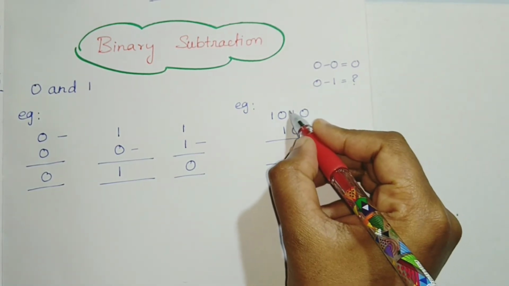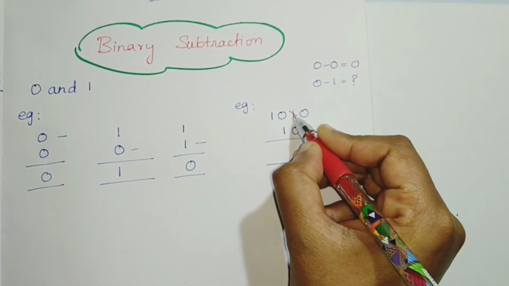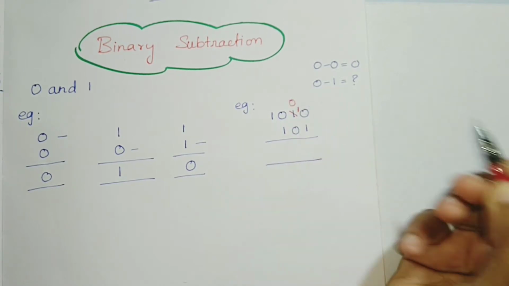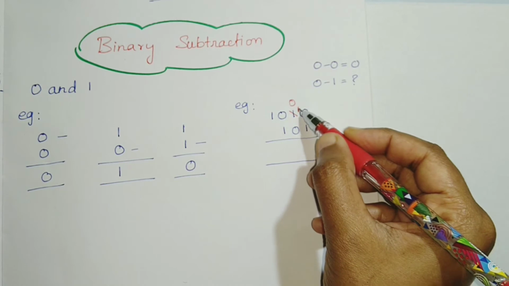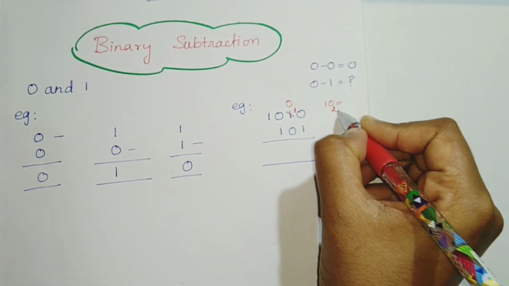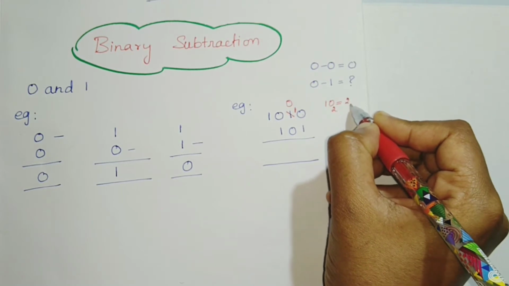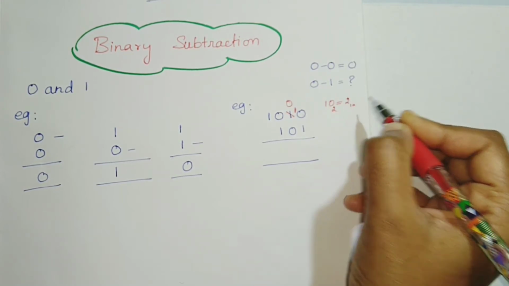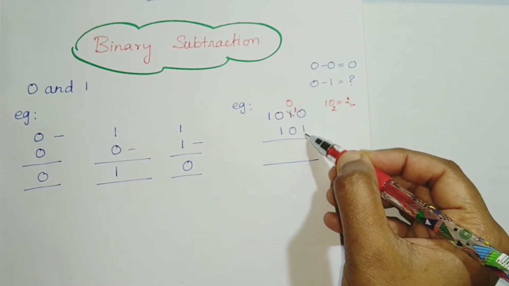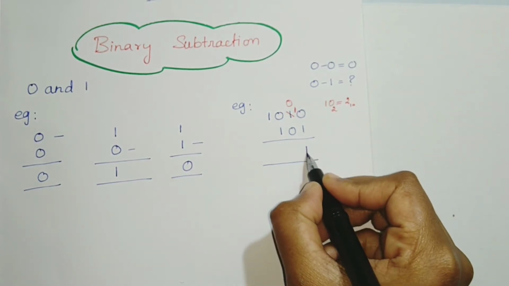We do have 1 here, strike out that 1 and replace it with 0, and write 1 to the least significant bit. Now it is 10. 10 in binary is equal to 2 in decimal. So 10 means 2. 2 minus 1, the result will be 1.